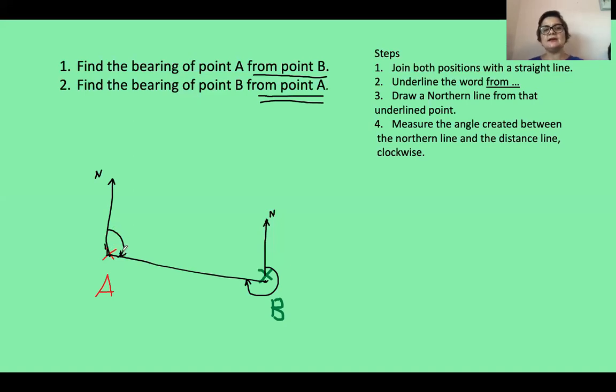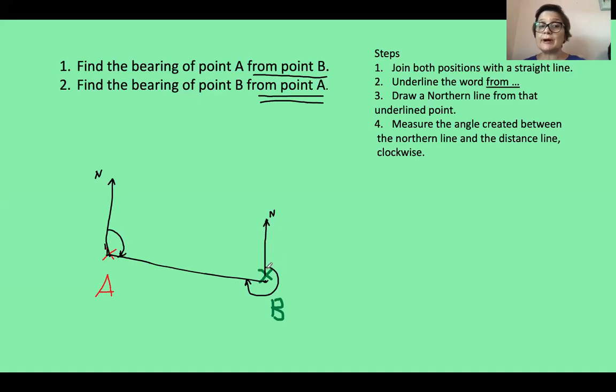And as you see, you can measure it again. Or if you measured this angle already, and if you know this angle here already, both northern lines are parallel.